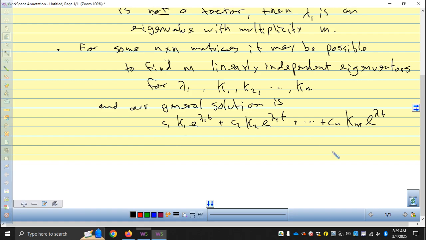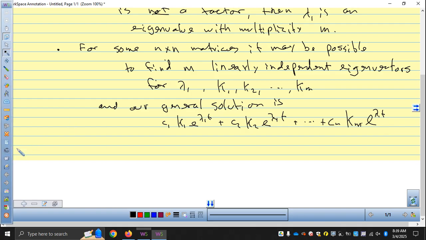And because K1 through Km are linearly independent, this gives us m linearly independent solutions to our system. So in some cases, we have a repeated eigenvalue, but we can find linearly independent eigenvectors.